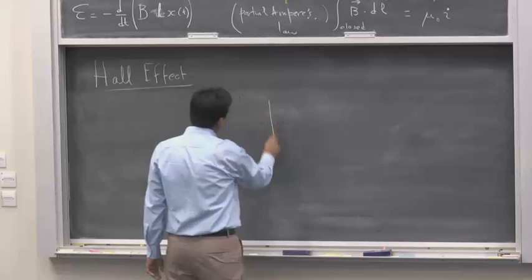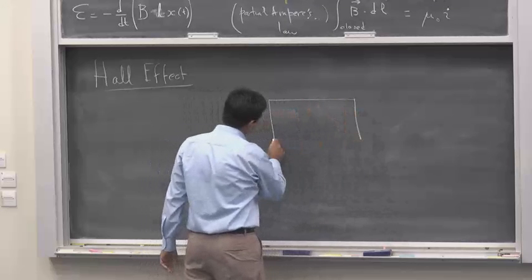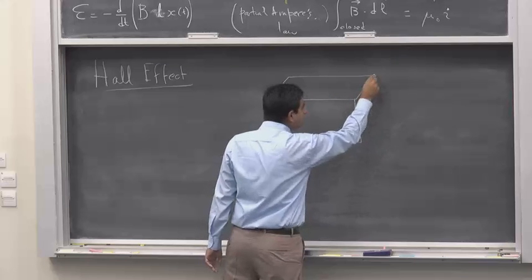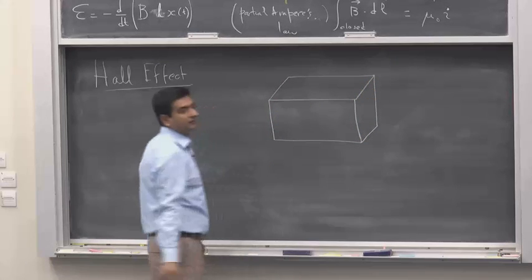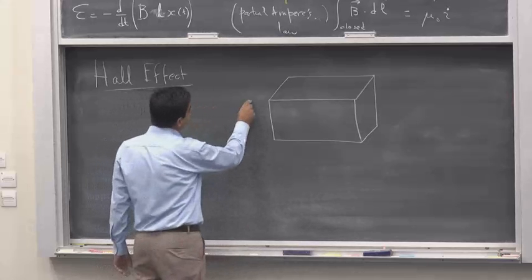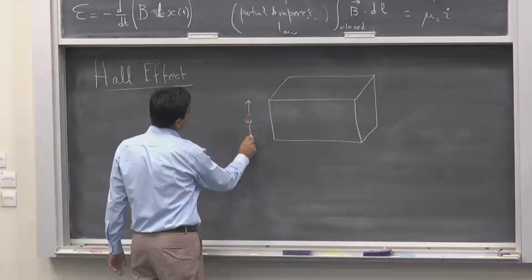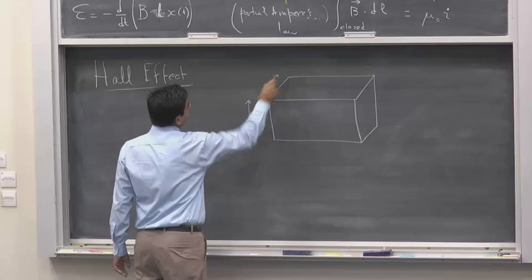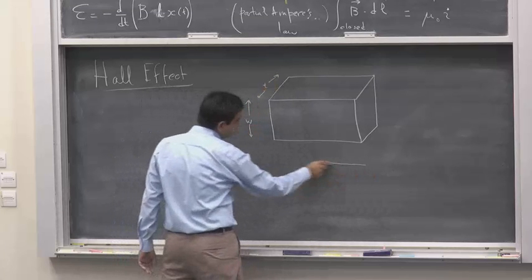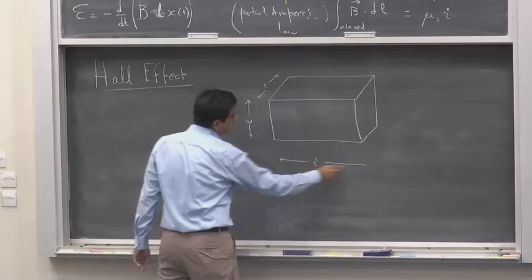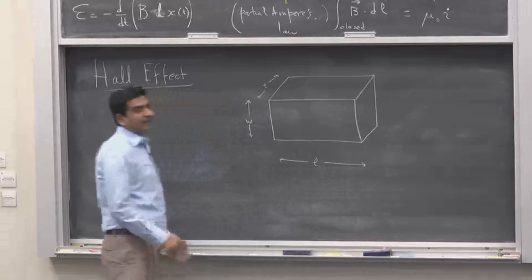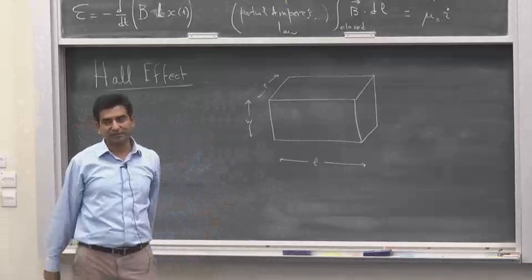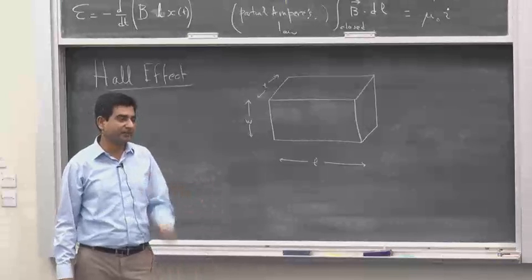Suppose I have a conductor or any material, a semiconductor or anything, which has a certain width W, a certain thickness T, maybe a length L, and it has mobile charge carriers. Suppose it has electrons, which are the mobile charge carriers. It's a conductor, in other words.